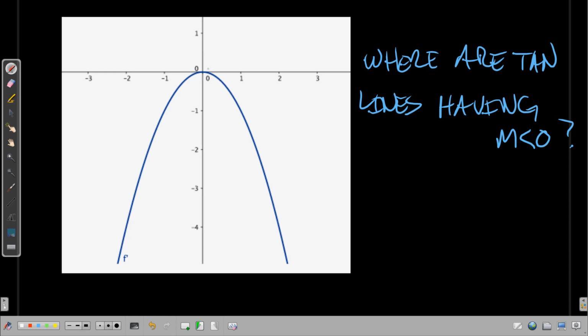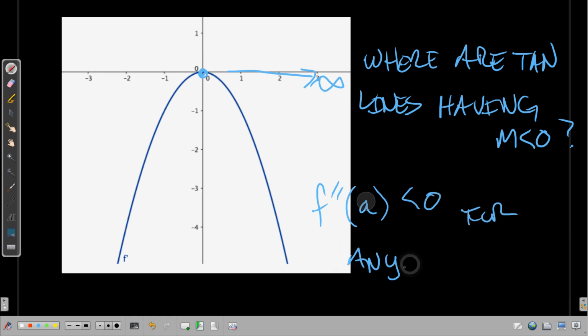Well, that would be from 0 to infinity. So everywhere in that interval, you would have that f double prime of A is less than 0 for any A in the interval from 0 to infinity.